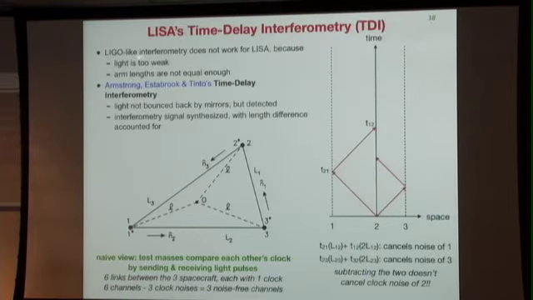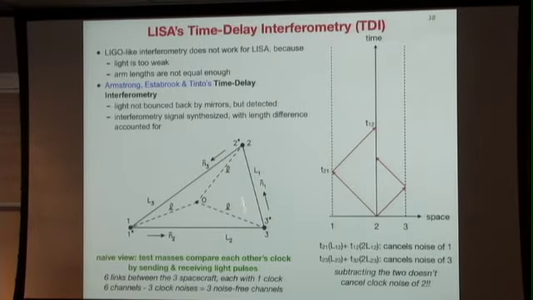The other problem is that the arm lengths are not exactly equal. So you can't do the usual Michelson interferometer, because the usual Michelson doesn't have the right cancellation of the noise. The interesting trick here is the so-called time delay interferometry, invented by Armstrong, Estabrook, and Tinto, who are at JPL.